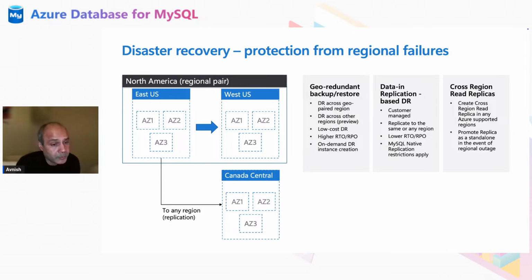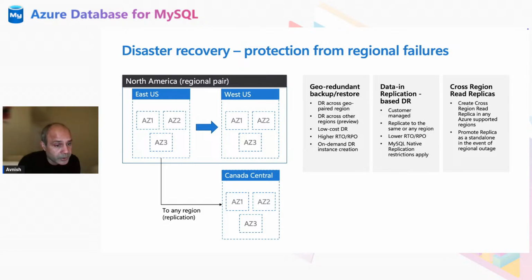We have heard from multiple customers, especially in healthcare or the financial industries, that they have a compliance requirement to test disaster recovery every 6 months, or in some cases every quarter. Now, read replicas require multiple steps for DR testing.